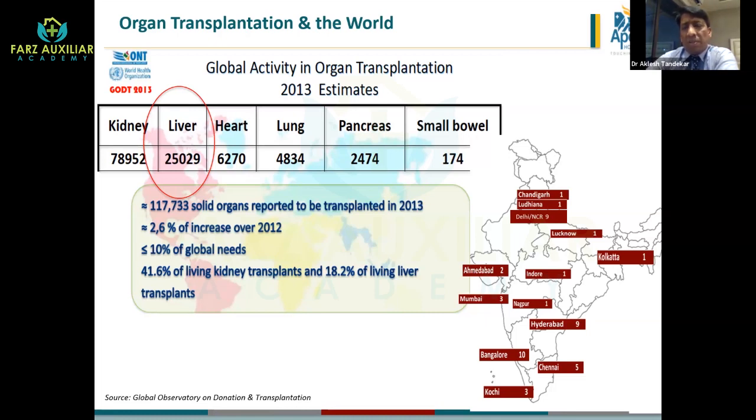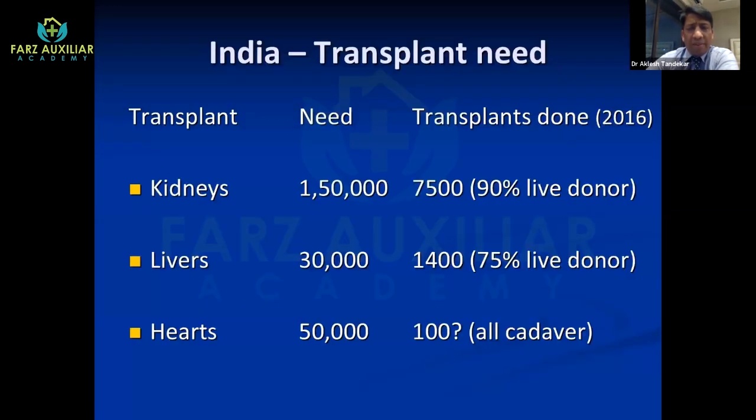So kidney transplantation is very popular, because it can also be done from a living donor. If you see Western culture and Western literature and their healthcare settings, the majority of organ donations happen from cadavers, whereas in India we are largely dependent upon living donors. That's why kidney transplantations have become popular.